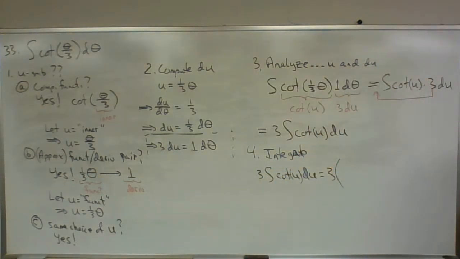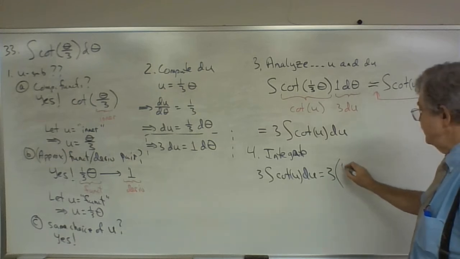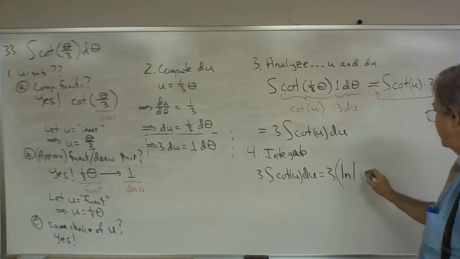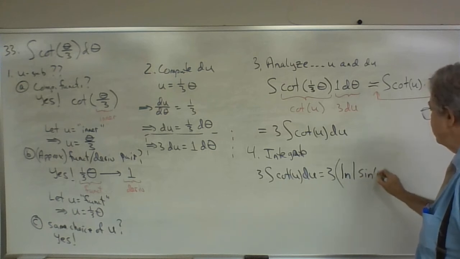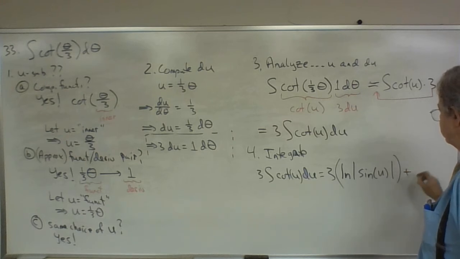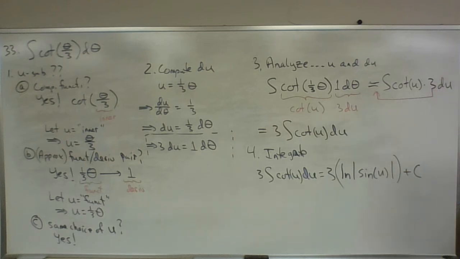And let's see, what is the antiderivative of cotangent of u? It's the natural log of sine of u plus c. Okay, we integrate.